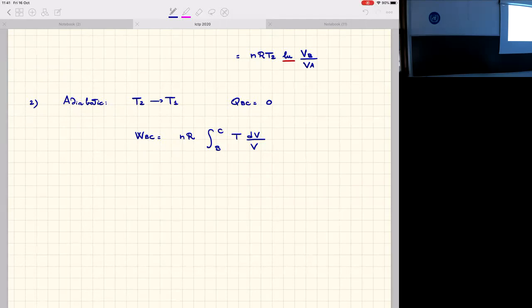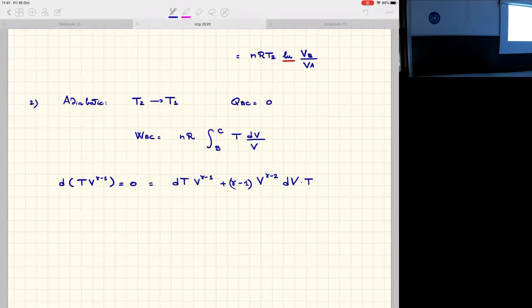And now let's consider the following thing. We know that T times V to the power gamma minus 1 is constant for an adiabatic transformation. And therefore, this differential is equal to 0. But this differential is equal to dT V to the power gamma minus 1 plus (gamma minus 1) V to the power gamma minus 2 dV times T. All right?